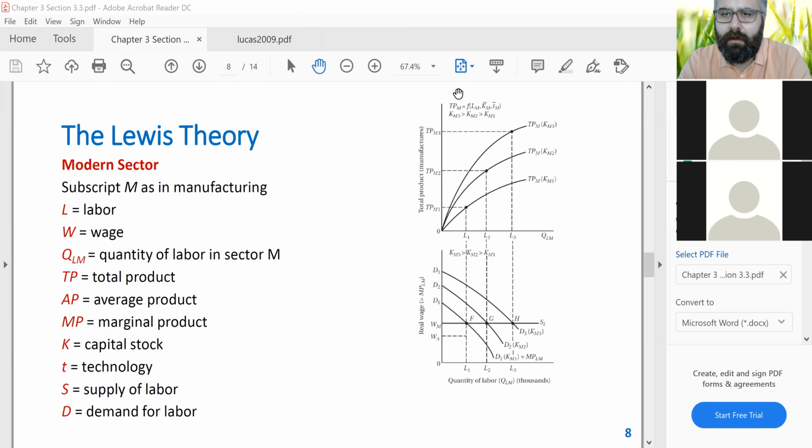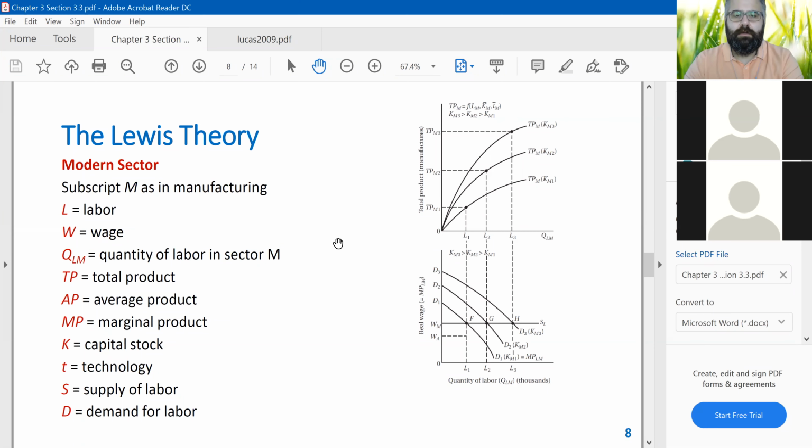Okay. All right. So again, we have a production function. On the horizontal axis, we have quantity of labor in both axes. Now, what we see here is that in manufacturing, capital accumulation will continue.